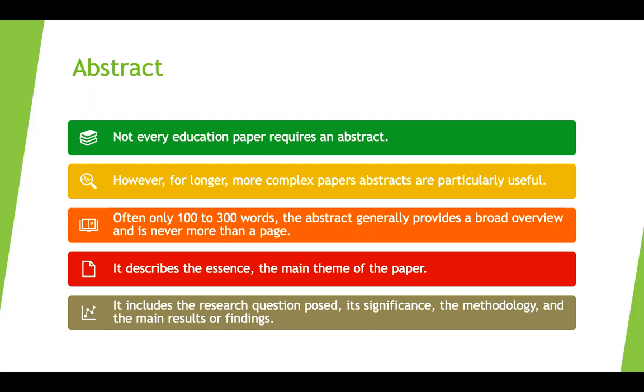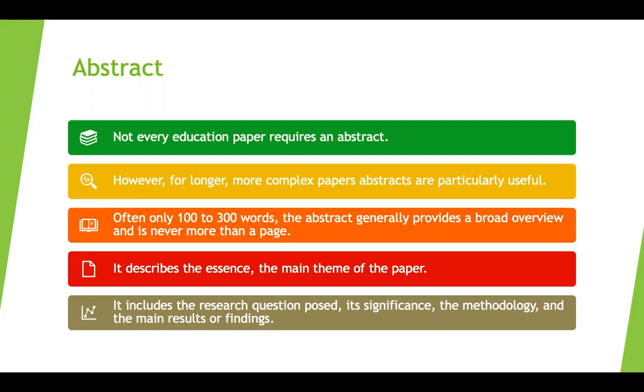But it may not be part of any book, any thesis, a research project report, or a technical report as well. So the abstract doesn't go into all kinds of scientific writings. This is the very first point: not every academic paper requires an abstract.